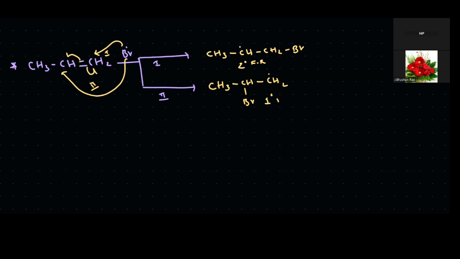Which one is more stable? Secondary is always more stable than primary. So the above compound is the more stable one.